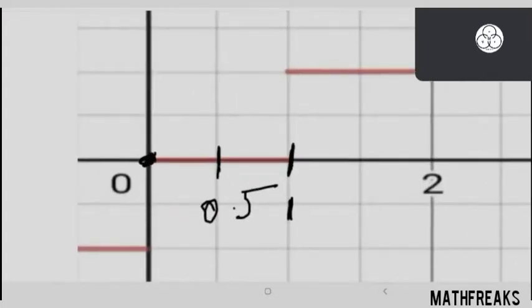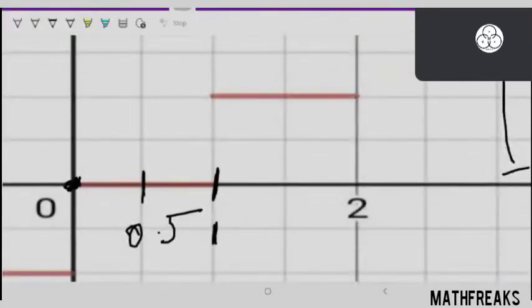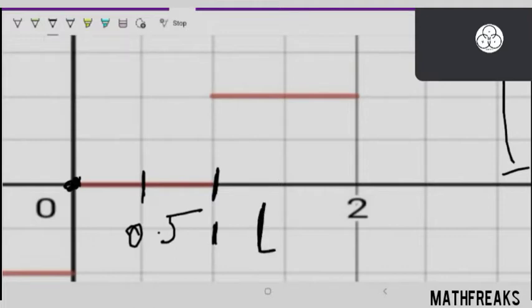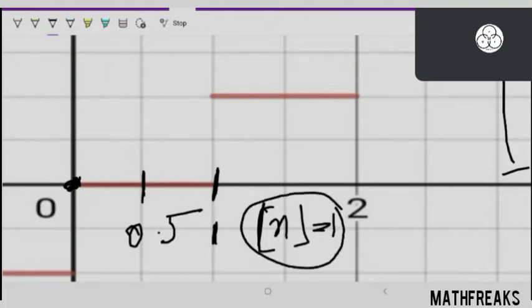Now what happens when x equals 1? When x equals 1, the value of the function will be 1. So at this point, the function will be discontinuous.